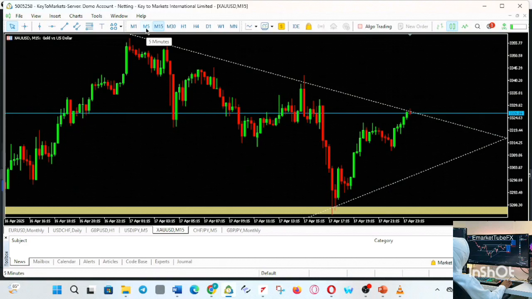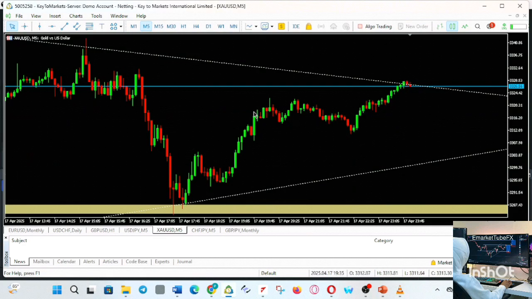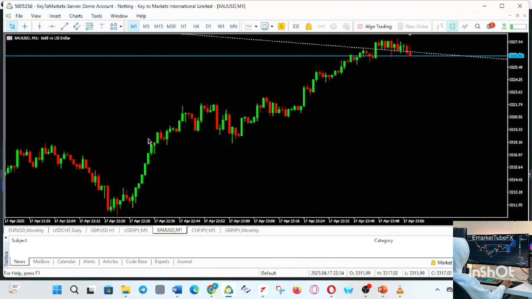So if you understand this, that is why I'm keeping this in before we move on to the meaning. Then when we come to that of M5, the M5 time frame means that the individual candlesticks that you see here use just 5 minutes to form. So after 5 minutes, another candle will form. Then when we come to M1, M1 means 1 minute.